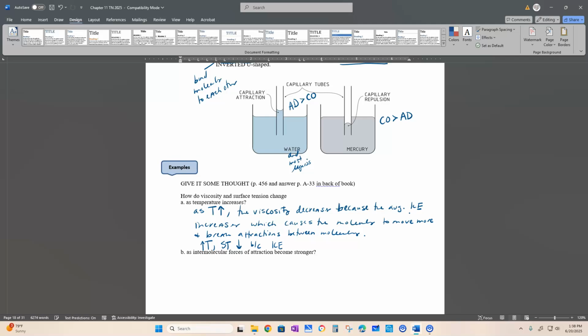So my kinetic energy is increasing, and it causes them, same thing, the molecules to move faster. And it weakens the intermolecular forces. And more specifically, which one is it weakening? It's weakening the LDF force. Remember that initial attraction between them.